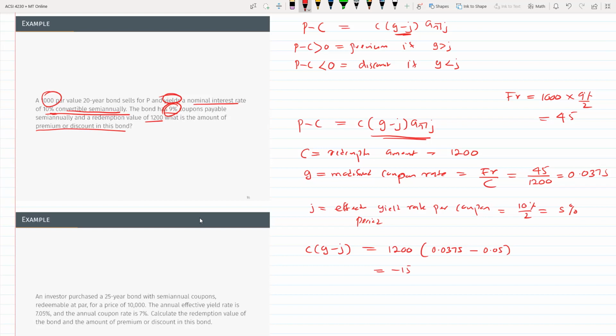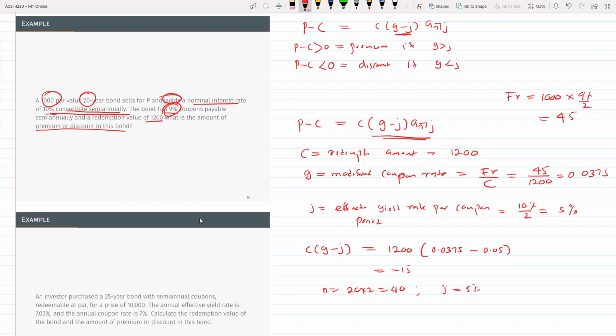What is N, by the way? It's 20 years, but N is actually how many payments, no? So it's 20 years, every 6 months, so it's 40. And J is again 5%.